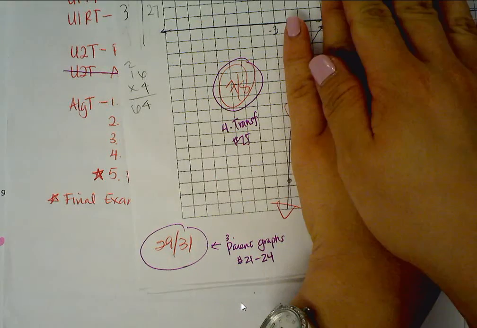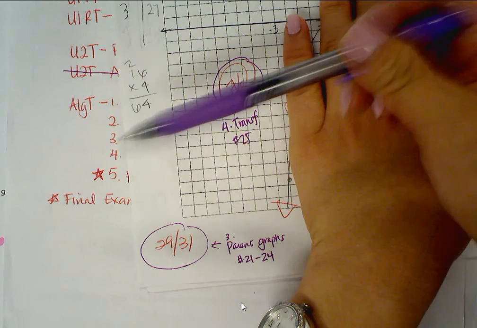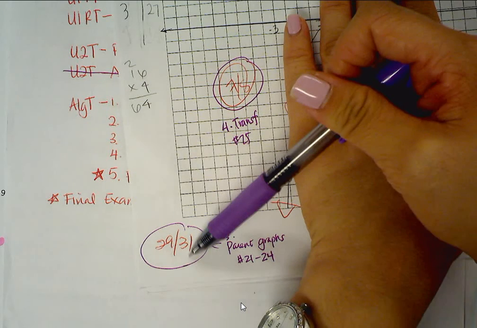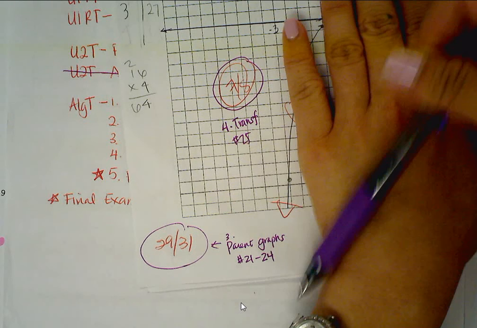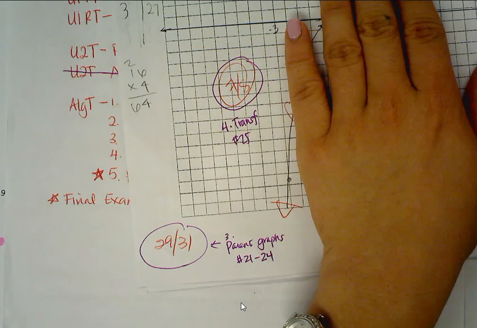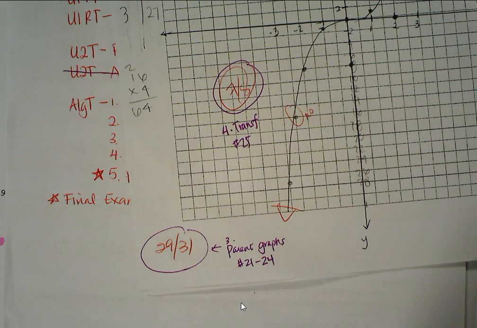So you should have had 2 scores on the back, 1 out of 31 and 1 out of 8. One was for your regular parent graphs and one was for transformations, so you could retake them individually. Like if you only want to retake parent graphs or only transformations. Depending on your score, you need to get 70% or above, okay?